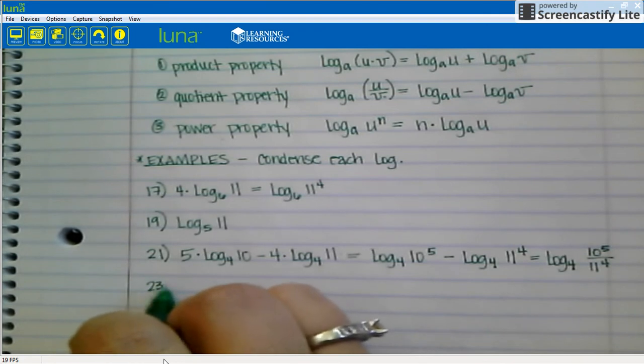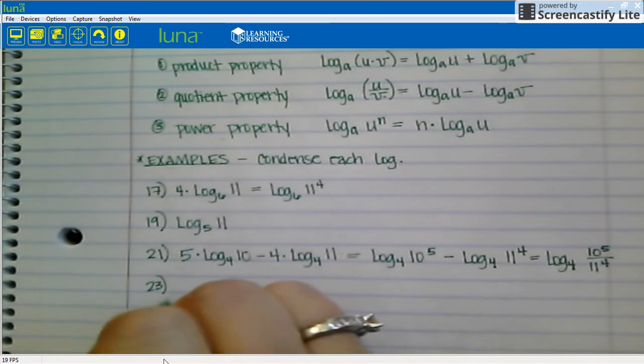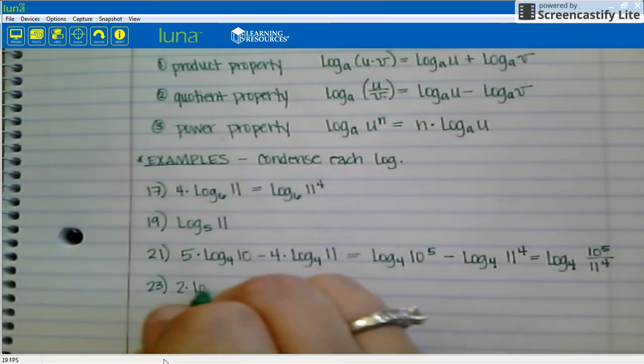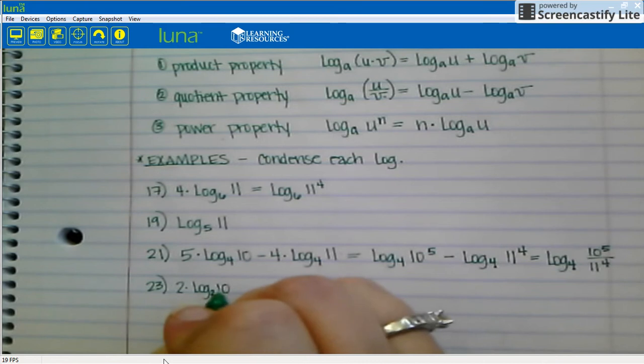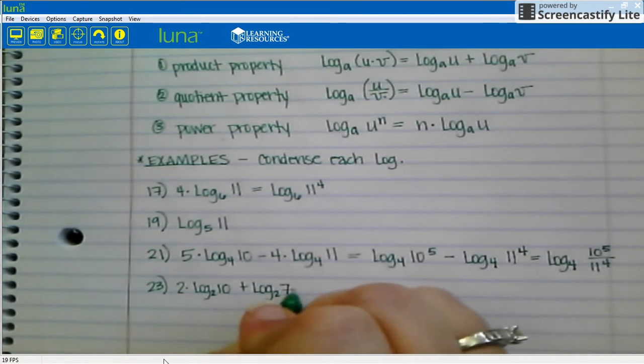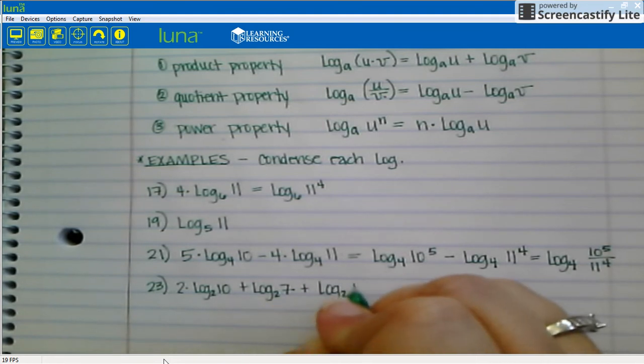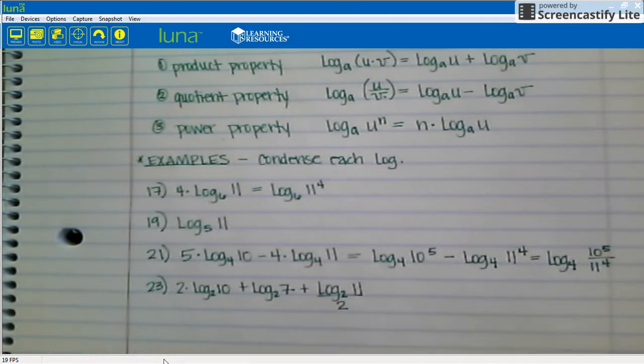For number 23, we have 2 times log base 2 of 10 plus log base 2 of 7 plus log base 2 of 11 over 2.